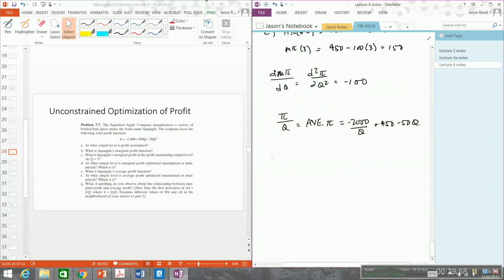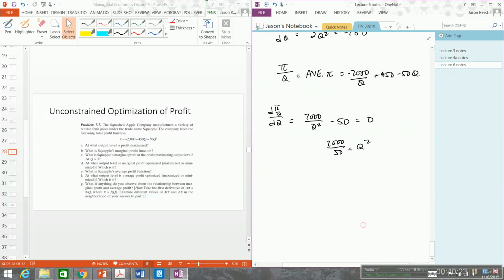So where is it optimized? So d(pi/Q)/dQ is equal to 2,000 over Q squared minus 50 is equal to 0. So we can solve this down so that we have 2,000 divided by 50 is equal to Q squared. So 1950 is equal to Q squared.